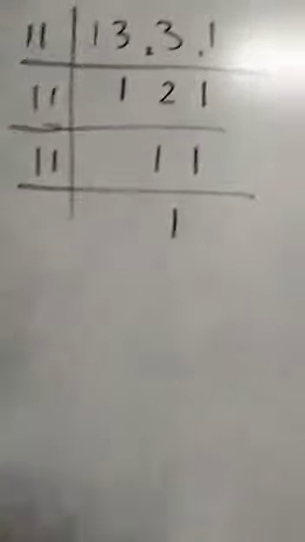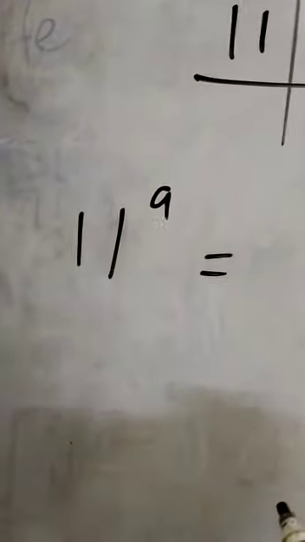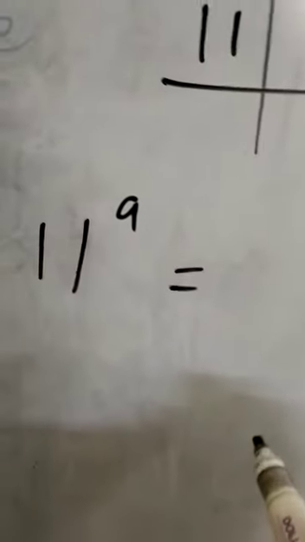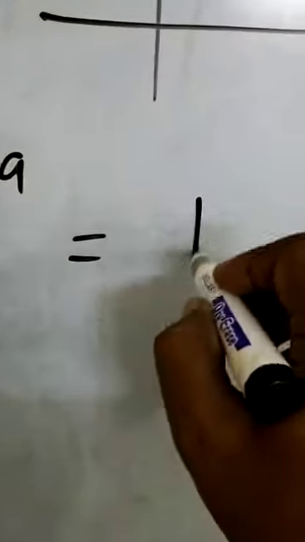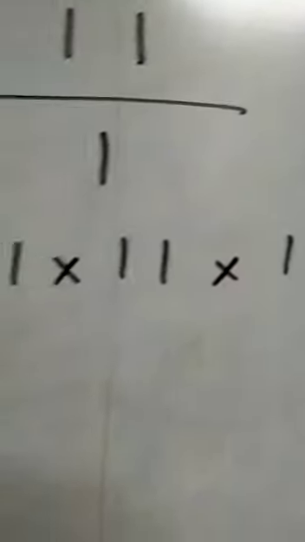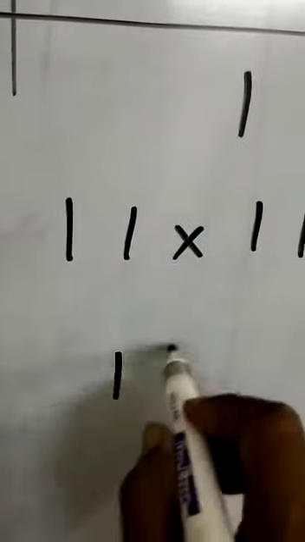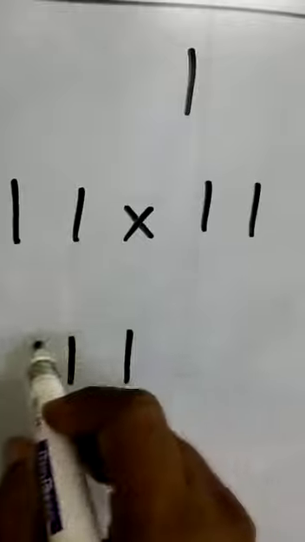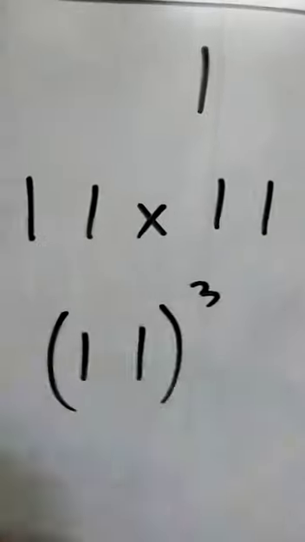into 11. So this equation can be written as, on the left hand side it is the same, 11 to the power a, and on the right hand side we have 11 into 11 into 11, three 11s. Now these three 11s will be converted into their power, that is 3.